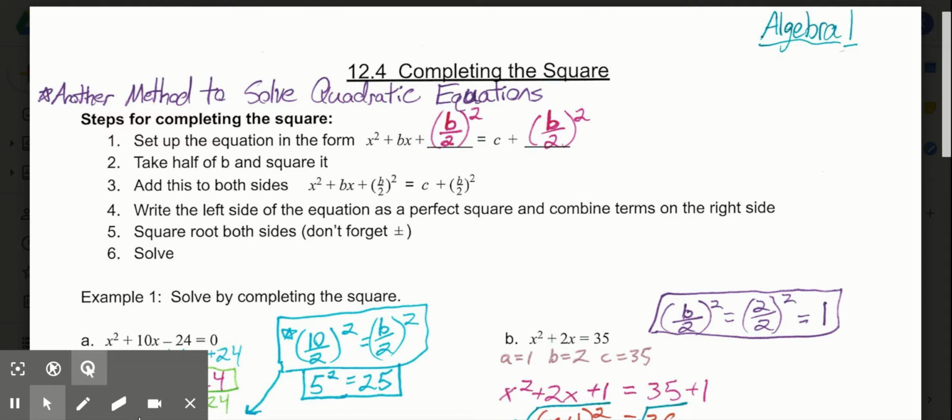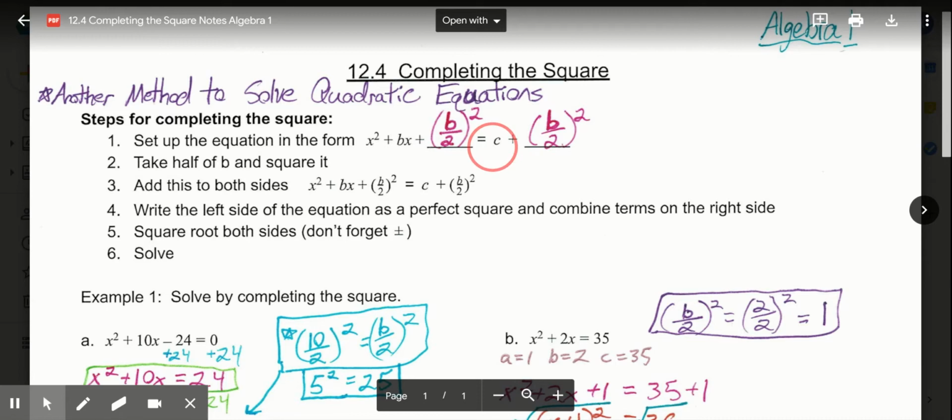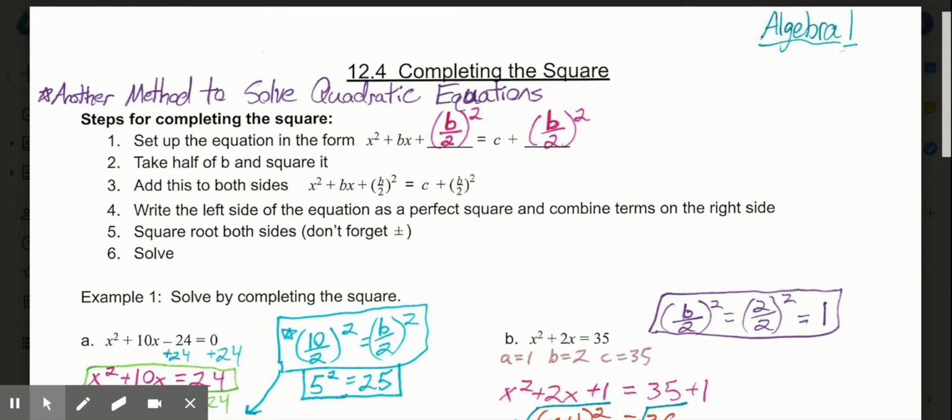The setup of the equation, you want to set it up as x squared plus bx plus, and we'll get to this part in pink. So for now, look at it as plus nothing equals c. In other words, you want to get the value of c to the other side.